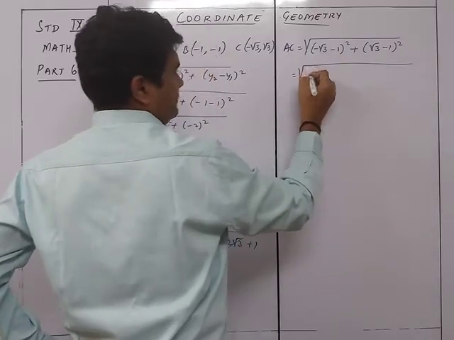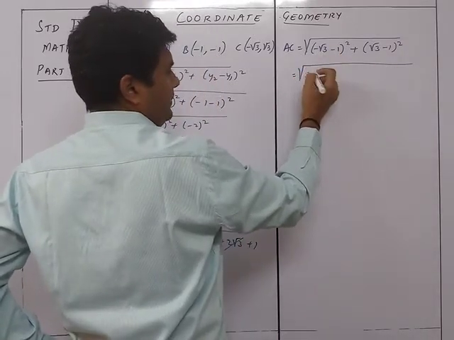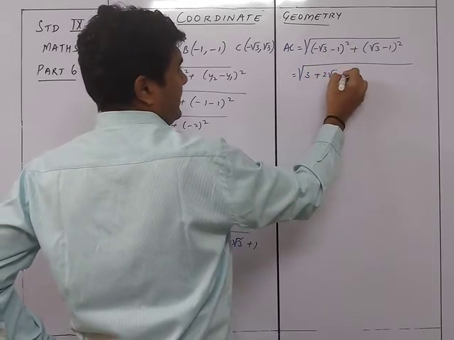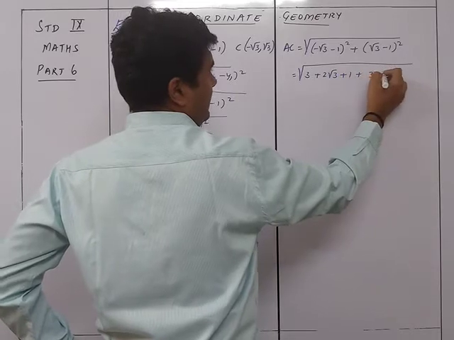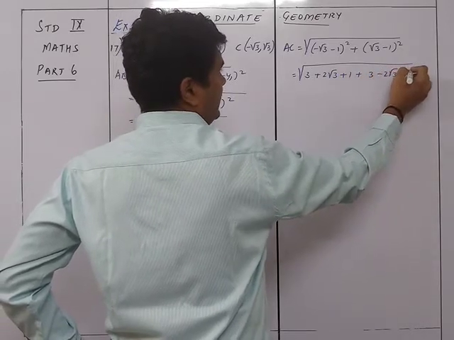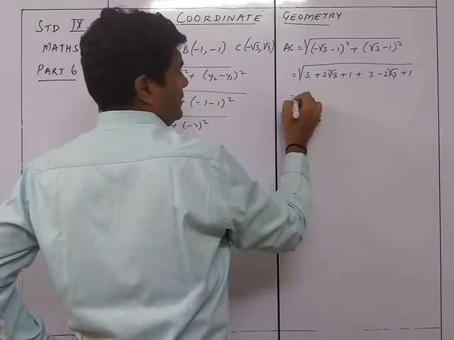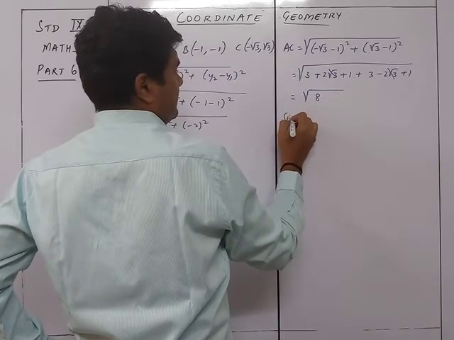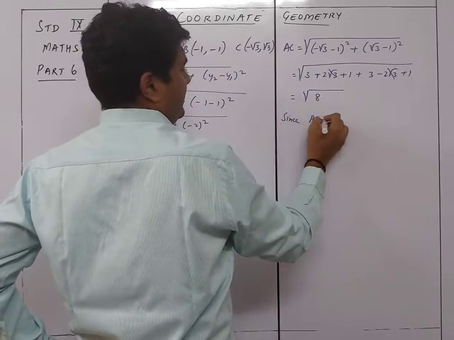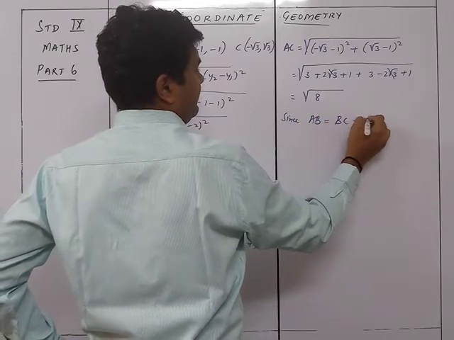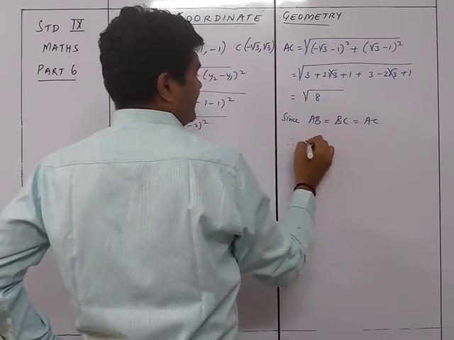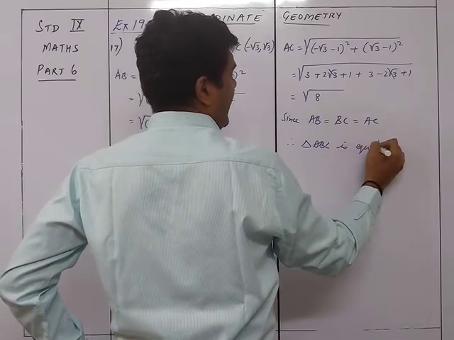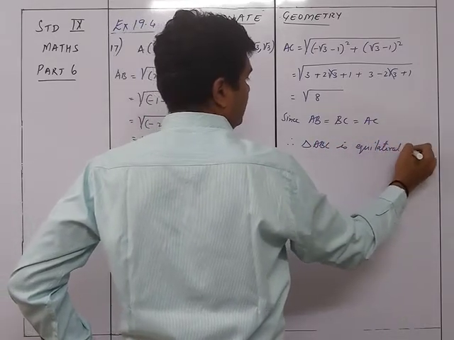Again the same thing: 3 plus 2 root 3 plus 1 plus 3 minus 2 root 3 plus 1, you cancel, and it equals root of 8. Since AB is equal to BC is equal to AC, triangle ABC is an equilateral triangle.